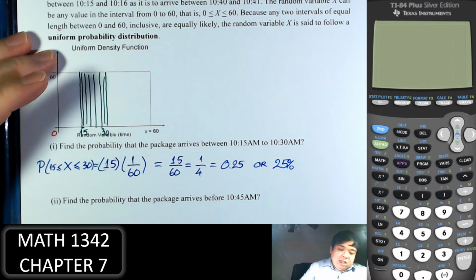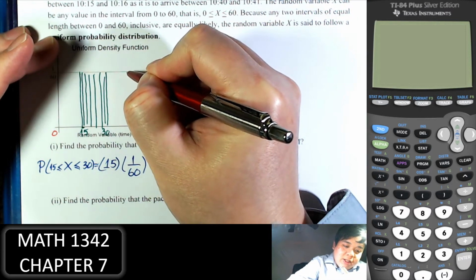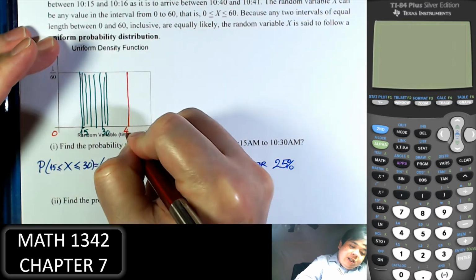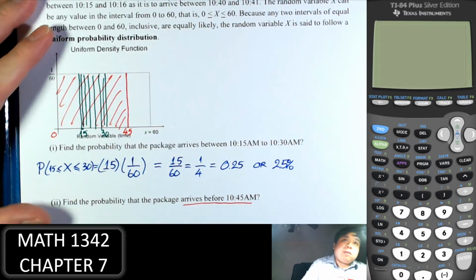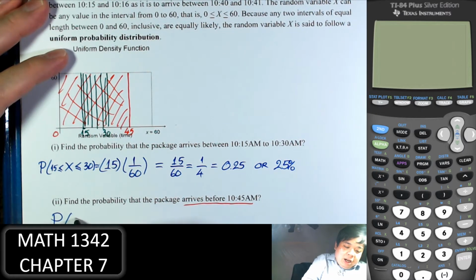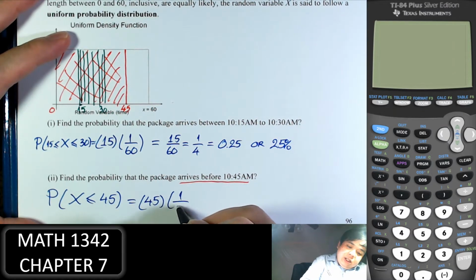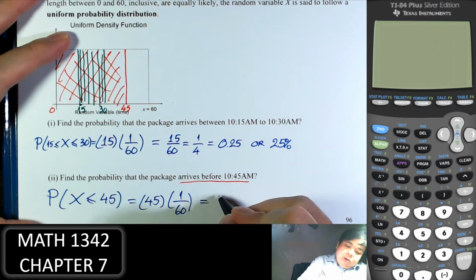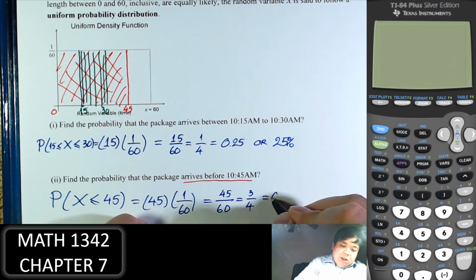Now next, find the probability that the package arrives before 10:45. So 10:45 is here, and it is before that, so anything here. So we write the probability that the package arrives before, so x less than or equal to 45, will be the width times the height. So we have 45 over 60, which is 3/4, or 75%.